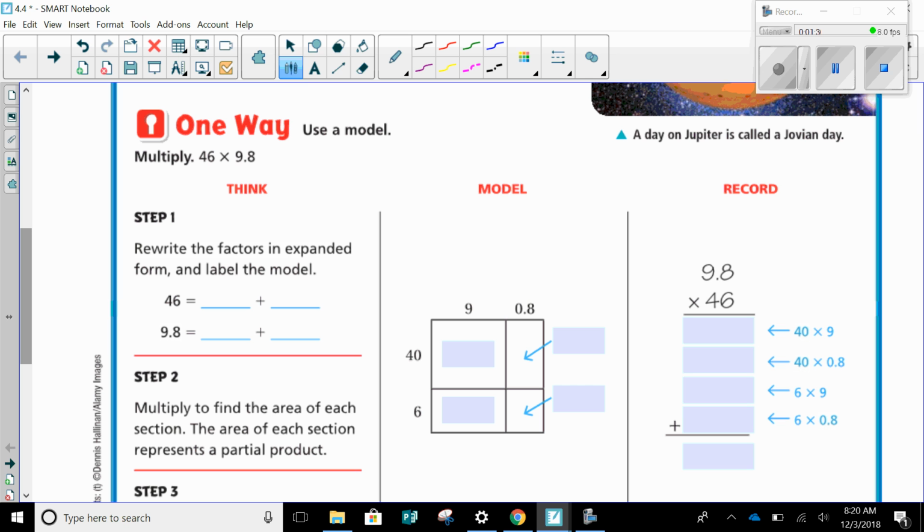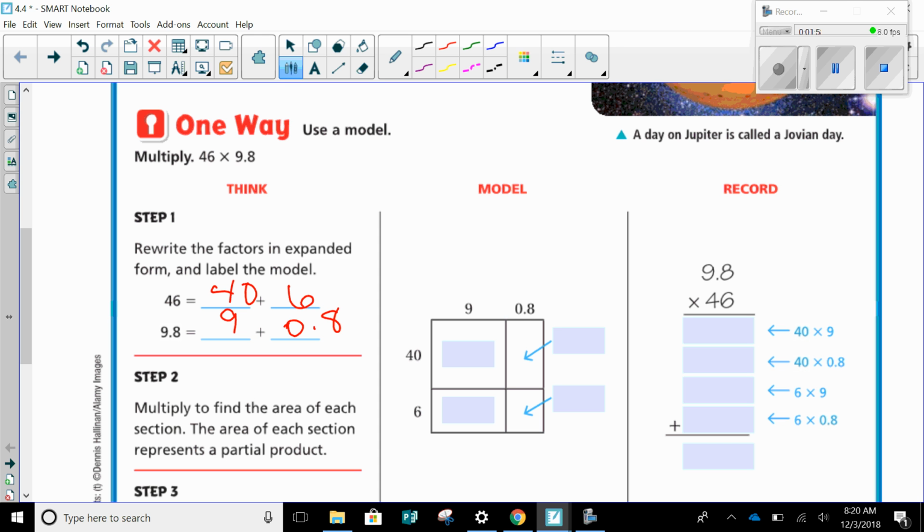So our first step is to rewrite the factor in expanded form and label the model. So if I break this out in expanded form, 46 becomes 40 plus 6. Then 9 and 8/10 becomes 9 plus 8/10.